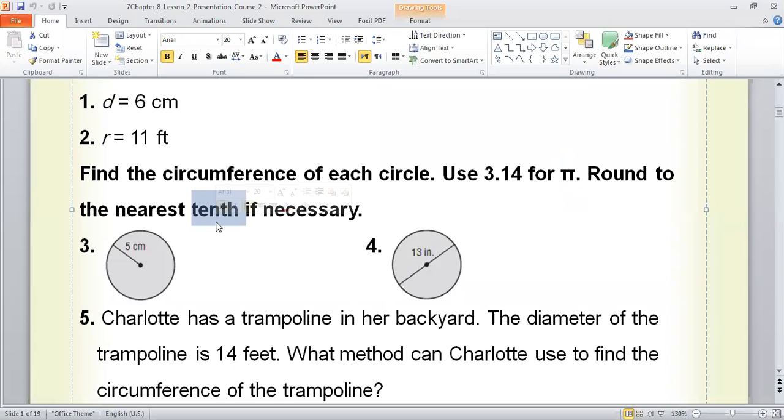If I have 85, 86, 87, I add 1 and it becomes 9. But here, because this number is less than 5, Muhammad, I will cancel the 2. So the answer here is approximately 40.8.